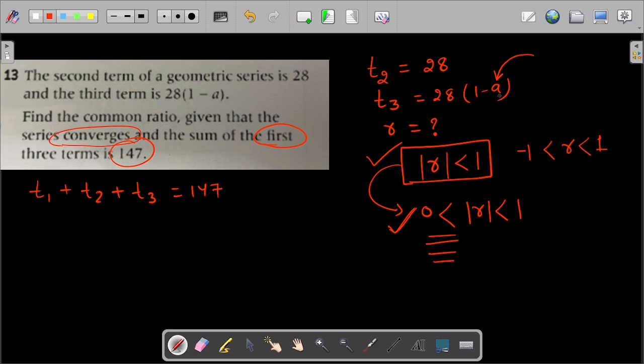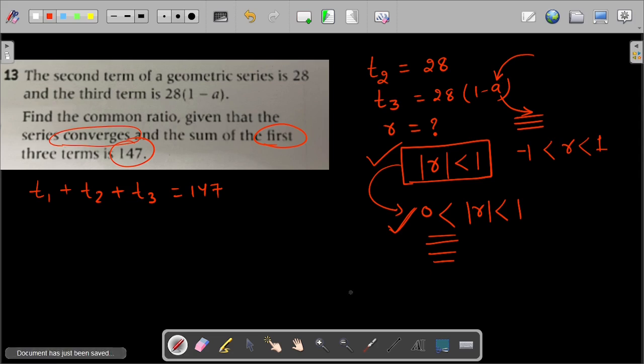This symbol a can't be taken as the first term by our choice. It should be mentioned in the question. We generally assume the first term is a, but if you proceed in that manner, this will be incorrect. So please take care, this a is not our first term.